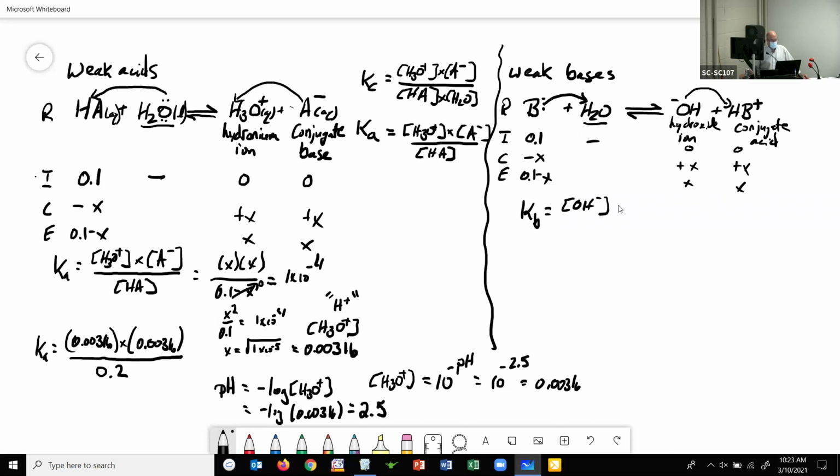So our Kb expression omits the water. Products over reactants. I'm hoping you see the math is nearly identical. What's different is which way the hydrogen is going. Who's picking up the hydrogen, who's dropping off the hydrogen?